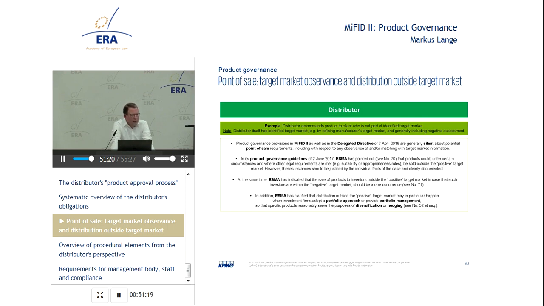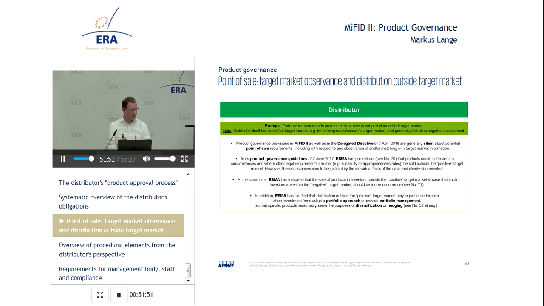I remember the early stages of product governance discussions, and it was quite clear that the target market is one thing, or the product governance rules are one thing, and at the point of sale, there the music plays, because there the client sits and the investment decision needs to be made. The anticipation may have been good, but it may not have been as good as it could. But here we find that anticipation now sets the boundaries for everything else that happens.